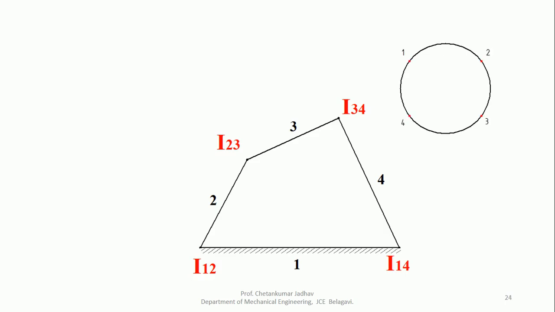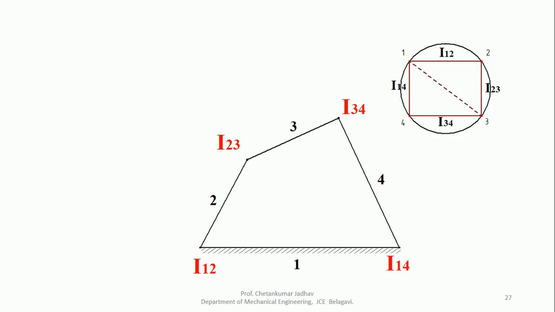Then indicate 4 points on the circumference of the circle, that is 1, 2, 3, 4. Connect all these 4 points with straight lines as shown in the figure. These 4 straight lines indicate 4 instantaneous centers, that is I12, I23, I34 and I14.